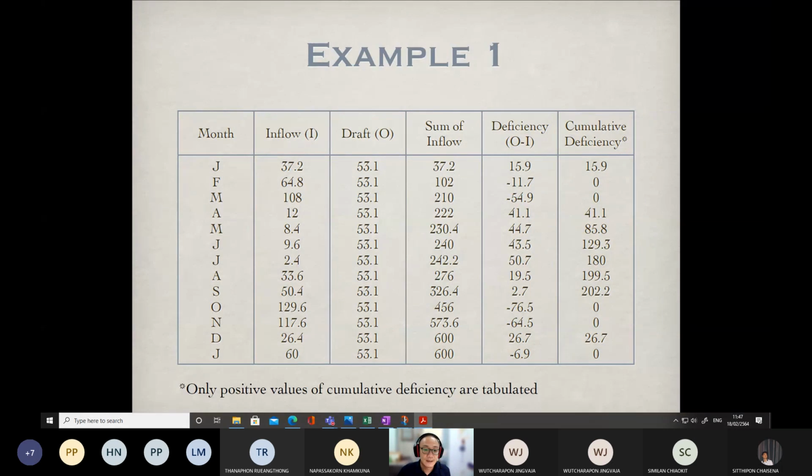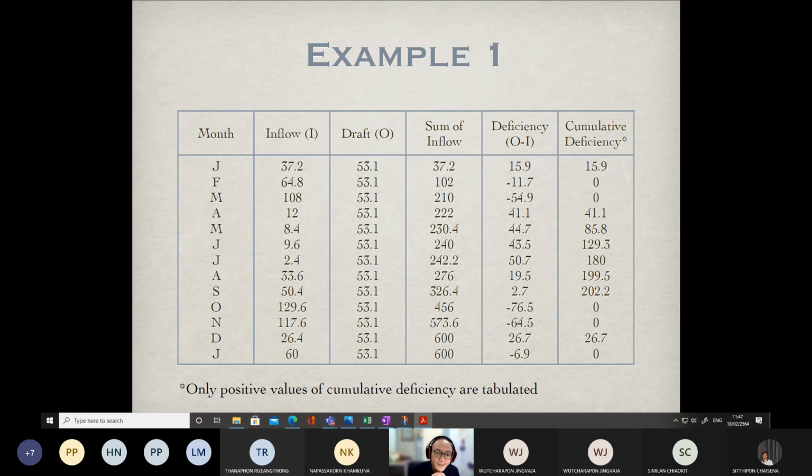Anyway, this 637 million gallons per year can be drawn from the reservoir. So our inflow is just like this. January 37.2. In February, the flow is almost double, 64.8. In March, a very large inflow, 108.